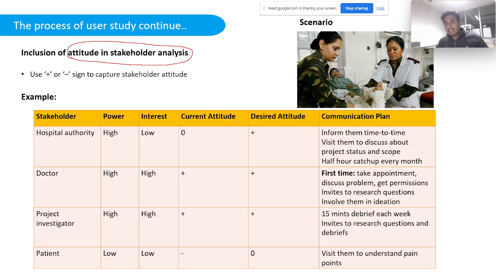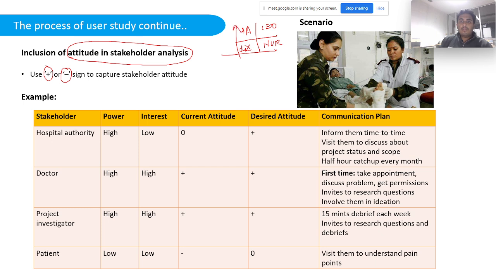So this is the third dimension where you use a plus or minus sign to capture the attitude of the stakeholders. For example, after you map a set of stakeholders, here is the CEO, here is the hospital authority, here is the nurse, and nobody is a cleaner probably.